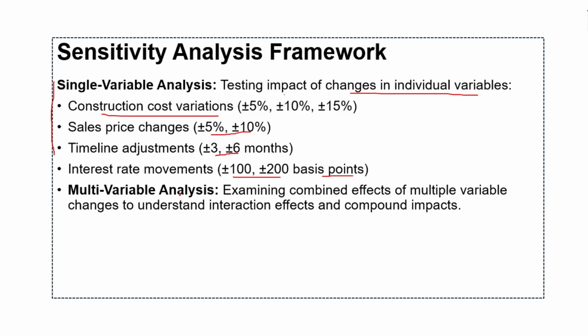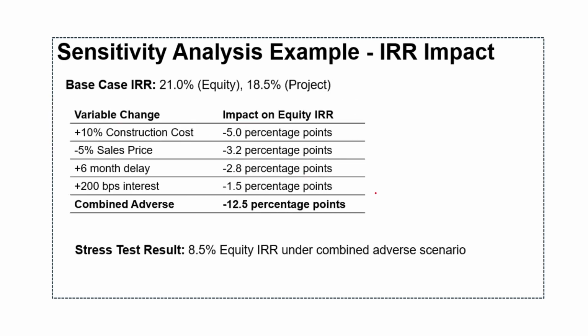We can also do multi-variable analysis, examining the combined effect of multiple variable changes. So scenario analysis will then be done. This kind of analysis we can do to check the risk, similar to what we had done earlier for development finance also. So a sensitivity example will be your IRR impact.